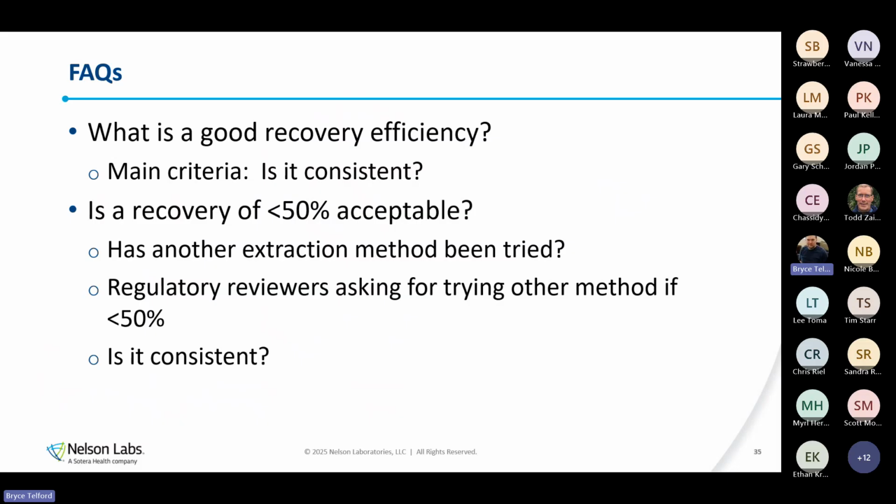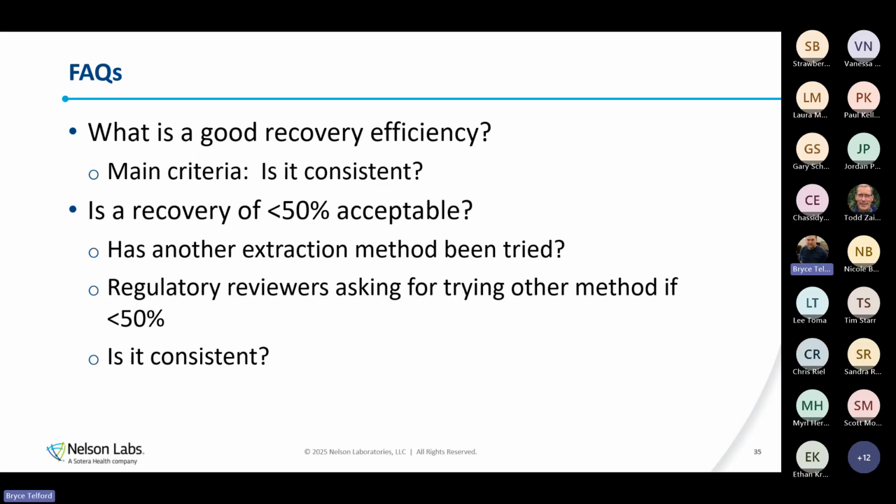So that's one of the reasons it was removed and is not in the current iteration of the ISO 11737-1 standard. Instead, the main criteria for what is a good recovery efficiency is actually consistency.